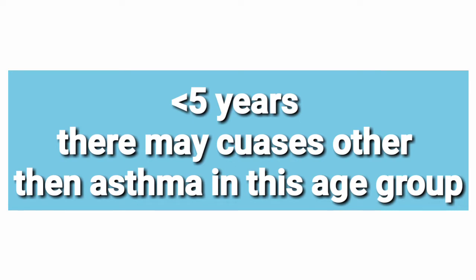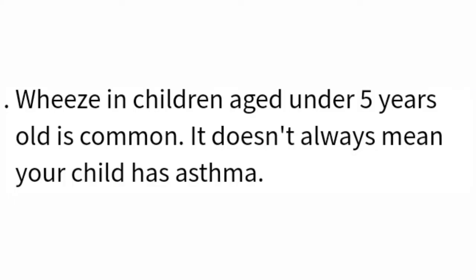So we will discuss that. Wheeze in children under 5 years of age is very common, and it doesn't always mean that your child is having asthma. The cause of wheeze in children depends on the child's age, the other symptoms, and the risk factors. So the wheeze is not always asthma; it depends upon other things also.